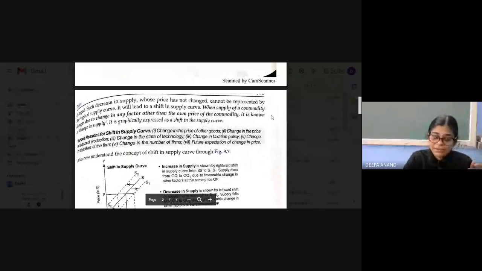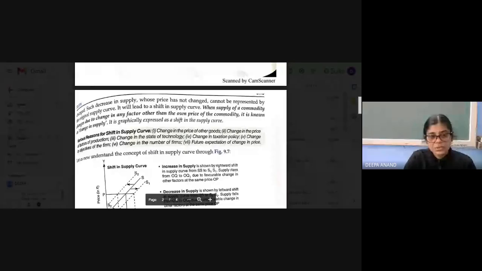The other one is known as change in quantity supplied. Don't get confused. One is change in quantity supplied and this one is known as change in supply. Change in quantity supplied always goes with price. Change in supply goes with all the other factors. So change in quantity supplied means change due to price.